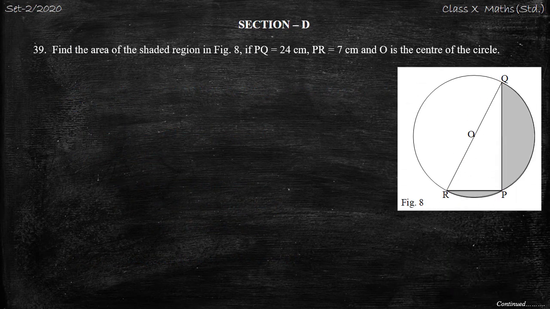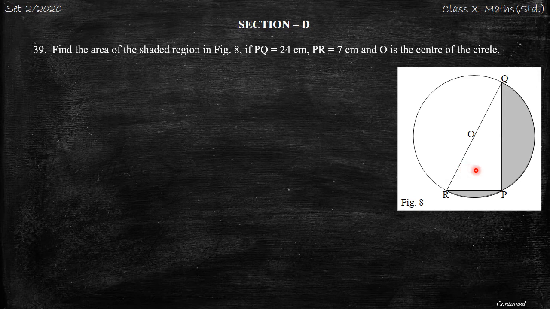Okay, this question is on finding the area. Here you need to find the area of the shaded region. PQ is given, then PR is given. Since O is the center, this is a diameter, and this is a semicircle.